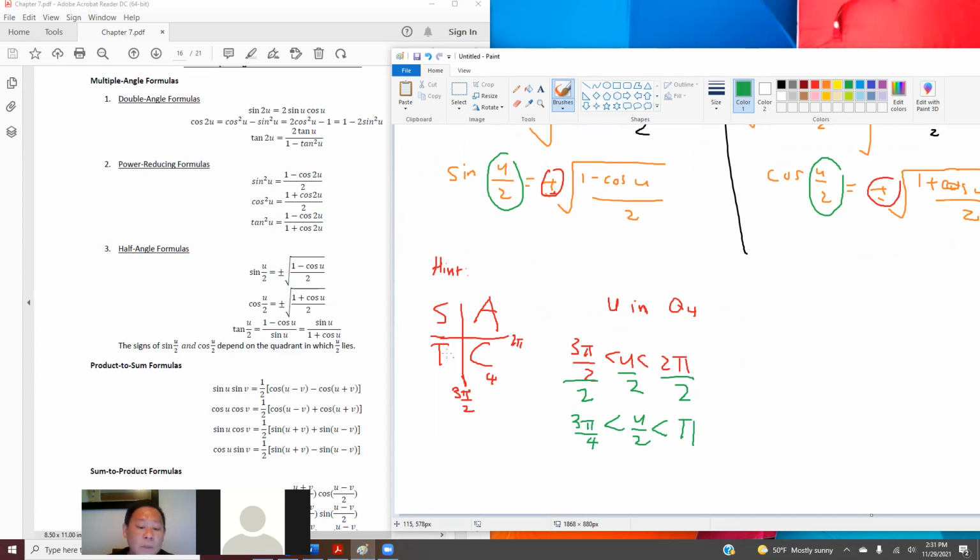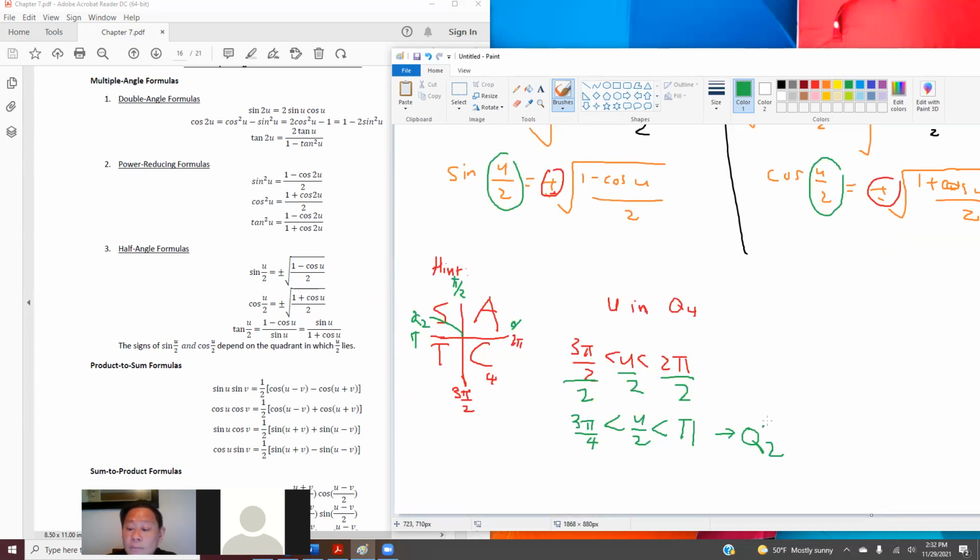So can someone tell me where 3 pi over 4 and pi are located? What quadrant? Quadrant 2.